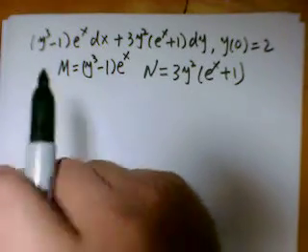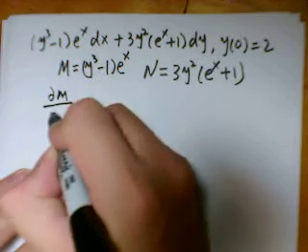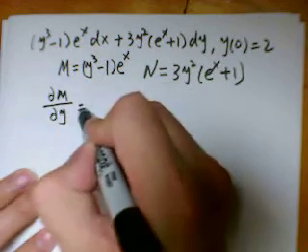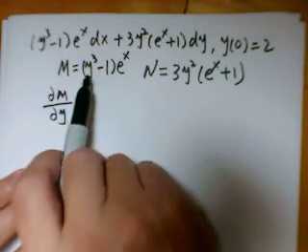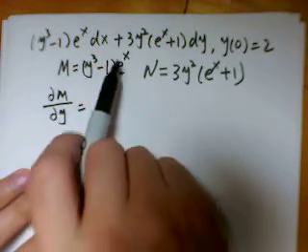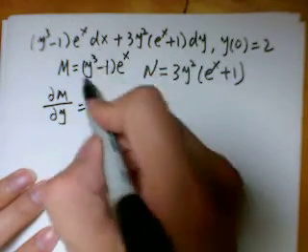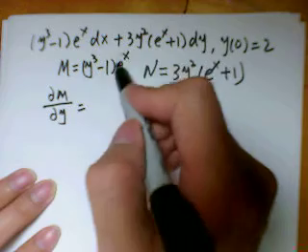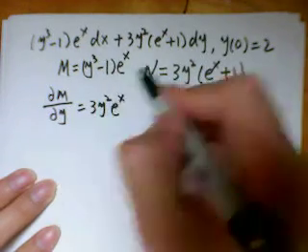And now we're going to check partial M over partial y. So do the derivative with respect to y, treat the other terms as constant. So basically, we do the derivative for this term, and treat this one as a constant, right? So we have 3y squared e to the power x.